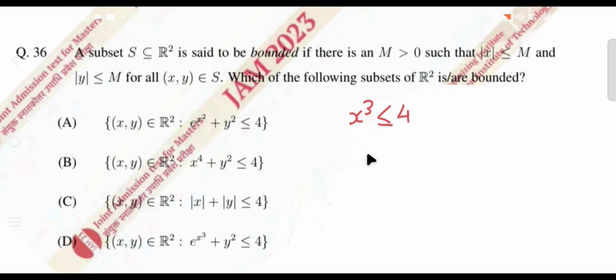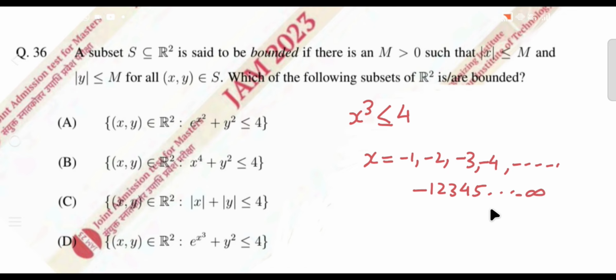So you can take -1, -2, and also the decimal points, -3, -4, whatever. In this way you go, and suppose very large numbers 1, 2, 3, 4, 5, and so on to infinity. So these all points satisfy this relation.